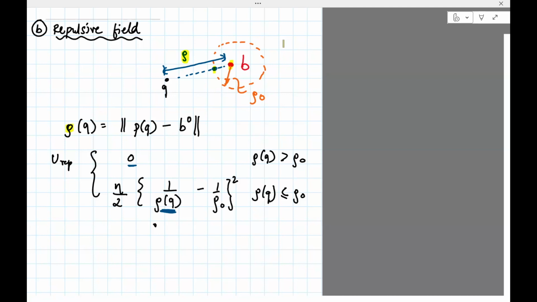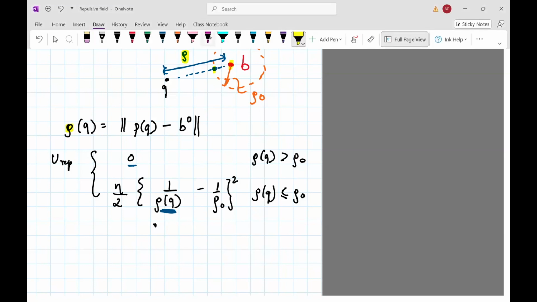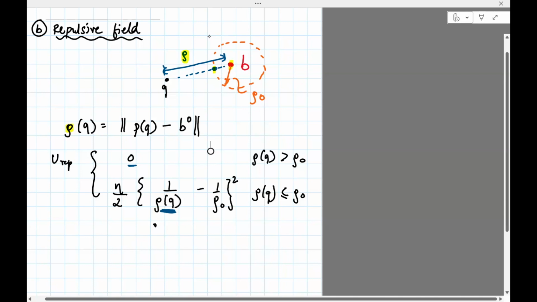Now, if this obstacle had a finite size, like a radius, then you want to adjust rho 0 so that the potential is still very high over that radius. Say the actual obstacle is something like this.